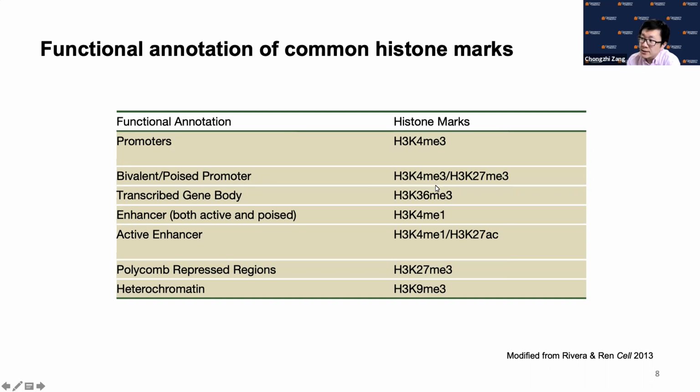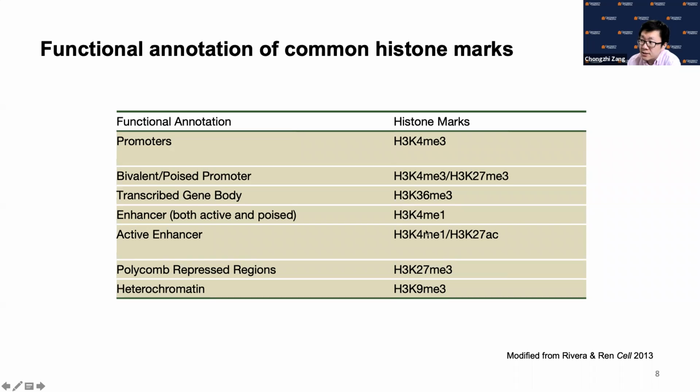Because H3K4 trimethylation has the potential of activating gene expression, whereas H3K27 trimethylation has a role of repressing gene expression, putting them together forms a bivalent domain. H3K36 trimethylation marks the transcribed gene body, meaning that this gene is usually actively transcribed or expressed.